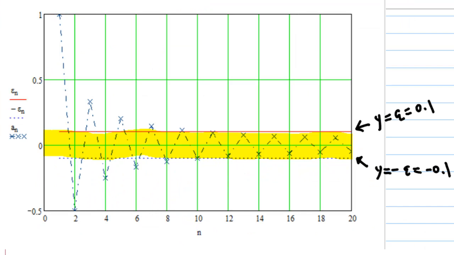I have copied the sequence diagram over here so that we can see a clear picture.